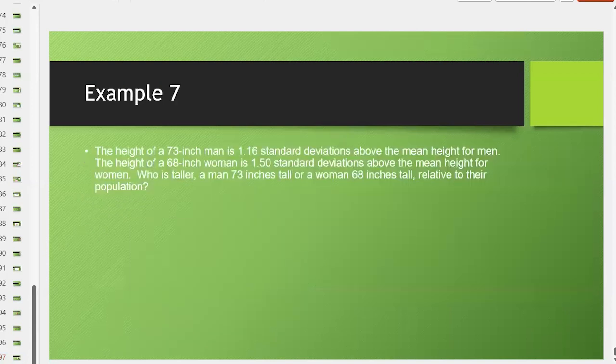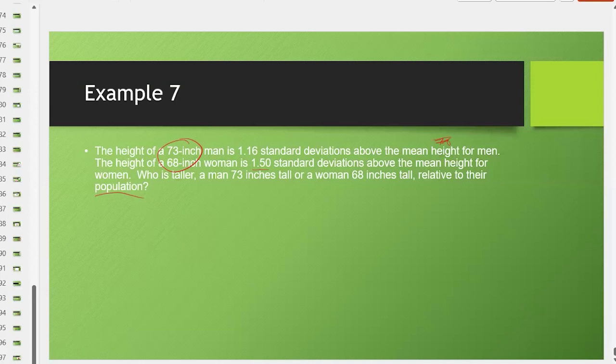And so, for example, let's say the height of a 73-inch man is 1.16 standard deviations above the mean height for men. The height of a 68-inch woman is 1.5 standard deviations above the mean height for women. Who's taller relative to their population? Well, if we just look at the values, let's say the mean height for men is 70, and we could really calculate what the value is from here, but we don't have to do that.